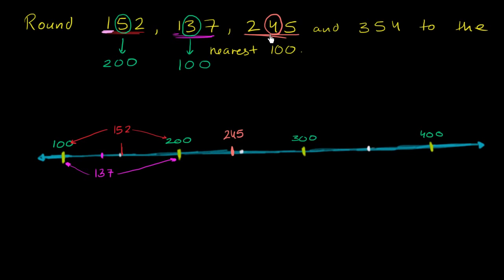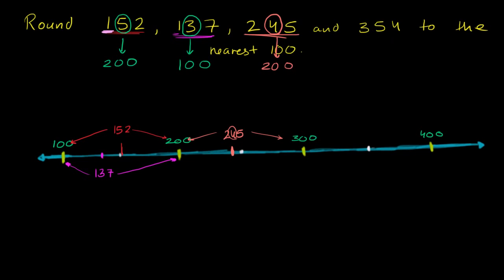If it is less than 5, we round down. So here, we're clearly going to round down, to the multiple of 100 that's directly below 245, which is 200. If we rounded up, we would have gone to 300. We're clearly closer to 200, and we can verify that with the rule. The tens place is a 4, so we're going to round down.